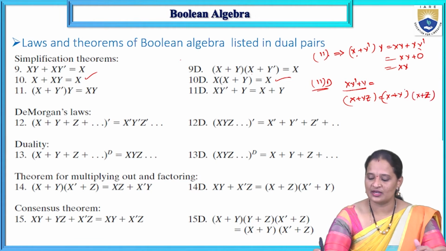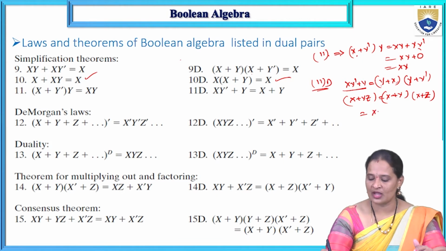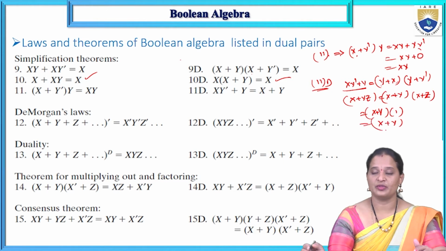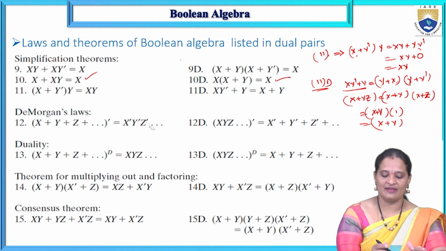Based on this, where x is y here, y plus x into y plus y complement. We already know that y plus y complement is 1. Rearranging the terms according to the commutative law, x plus y into 1, which is equal to x plus y. So this is the 11th theorem.